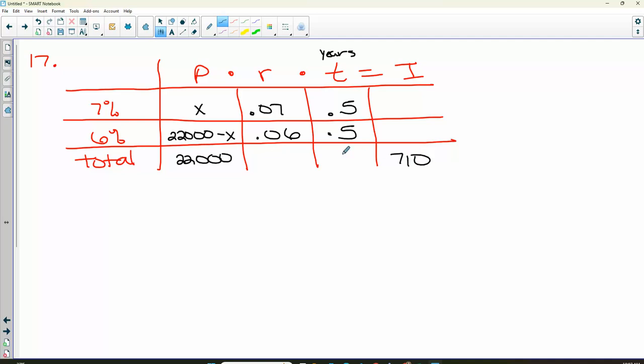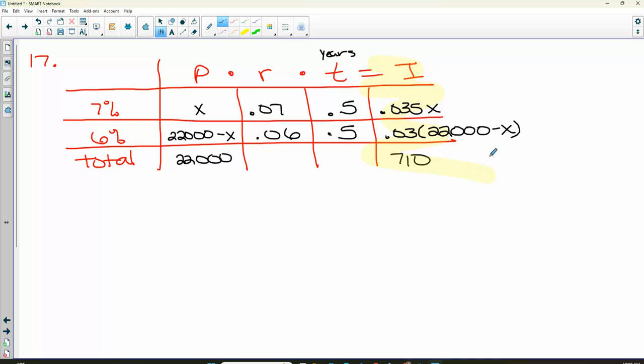It's okay to have some holes in the table as long as you are able to get this last column. We can do that now by multiplying. So X times 0.07 times 0.5 is 0.035X. Here, 0.06 times 0.5 is 0.03 times 22,000 minus X.